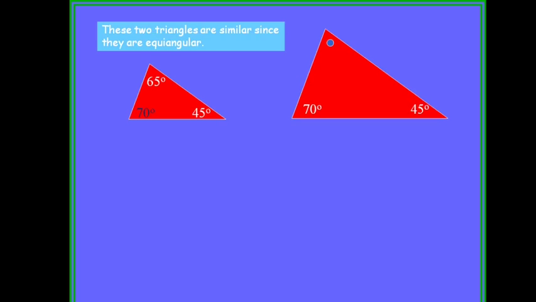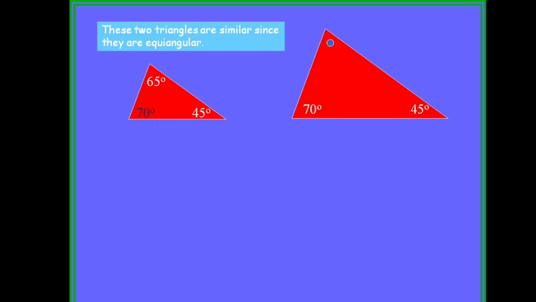These two triangles are similar since they are equiangular. Why are they equiangular? One pair of corresponding angles in both triangles is 70 degree. One pair of corresponding angles in both triangles is 45 degree.